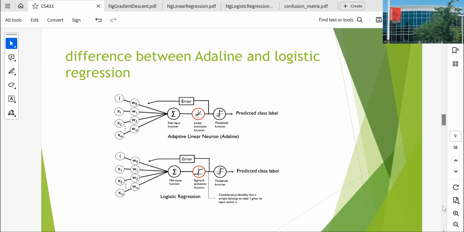That's the difference between the two. And for the other one, it's the identity function.